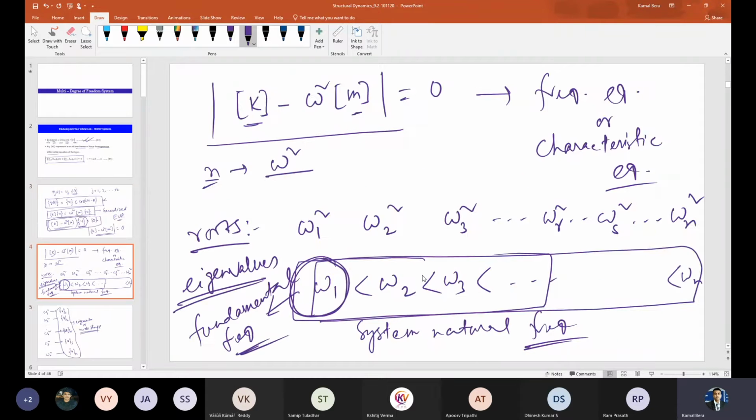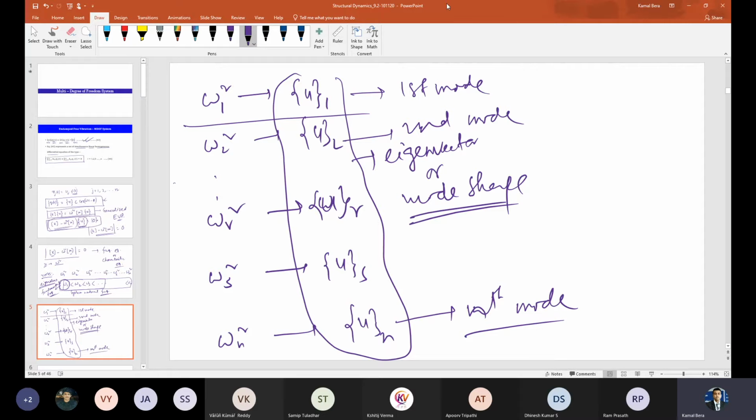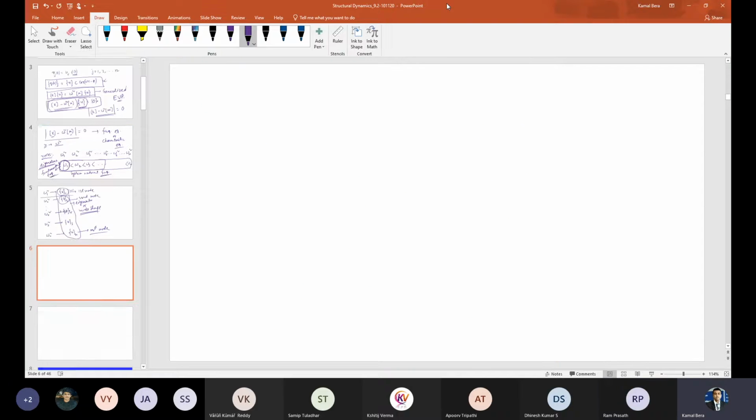These are the pairs: this represents the first mode, this is the second mode, and this is the nth mode. Now tell me, what are the sizes of u1 or u2? What are the sizes of this vector? N cross 1. This is the vector.